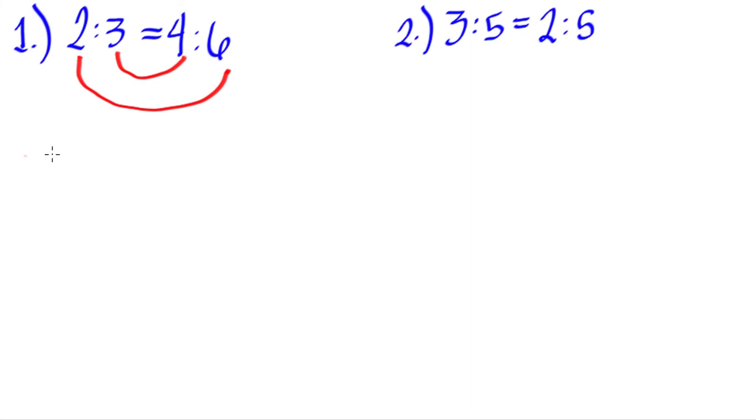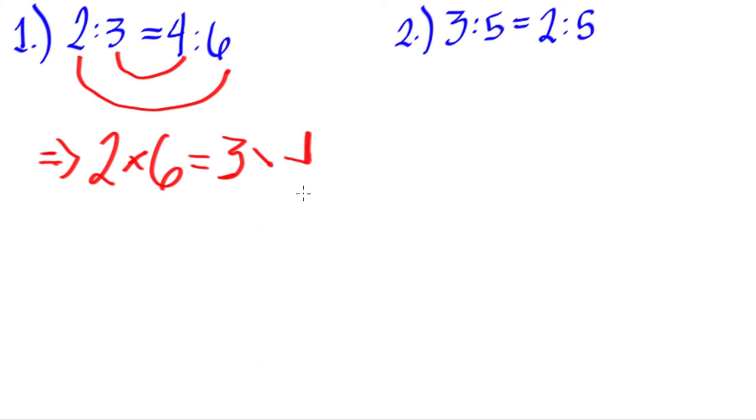We write it this way: 2 times 6, that's our extremes, is equal to 3 times 4. What is 2 times 6? 2 times 6 is 12.